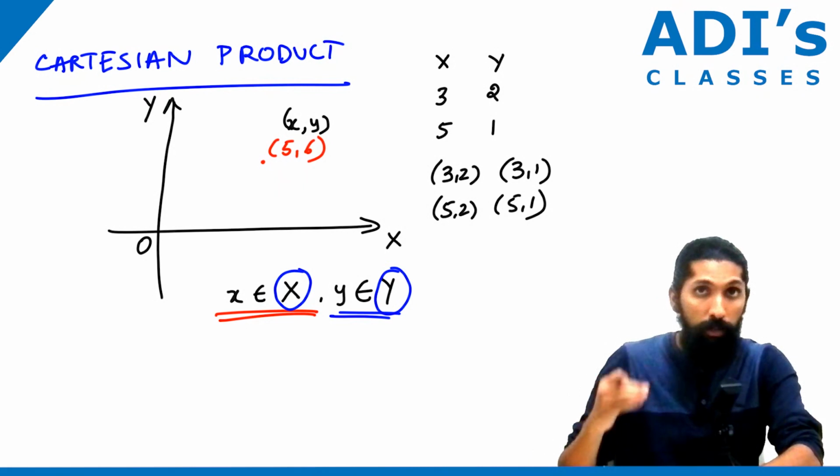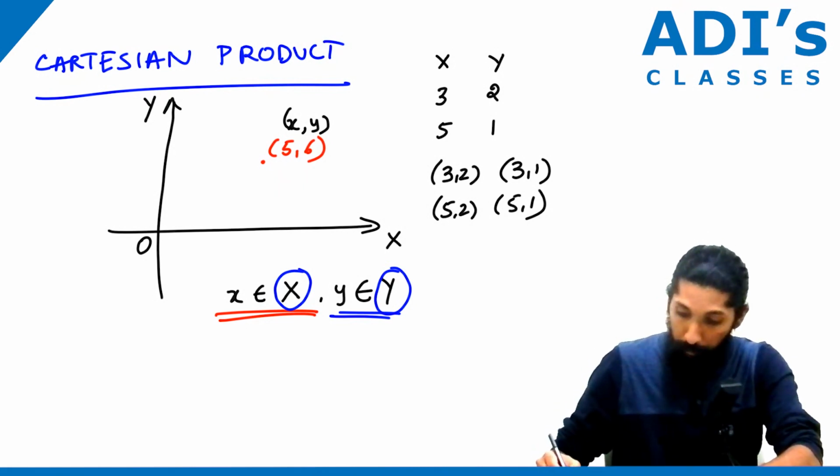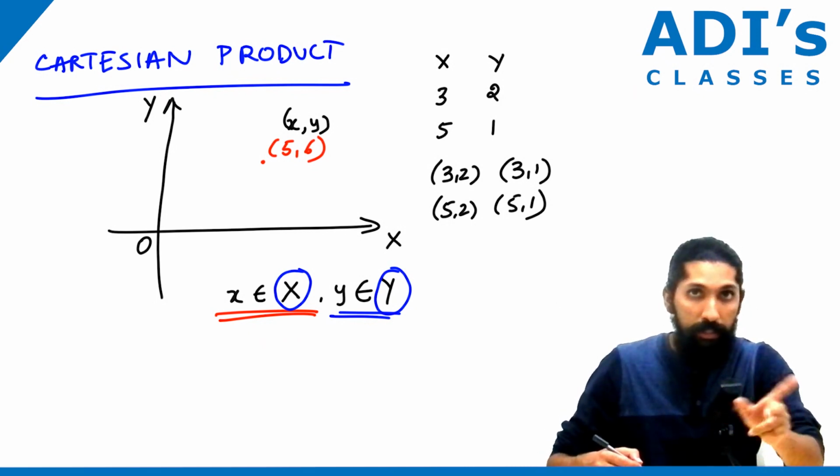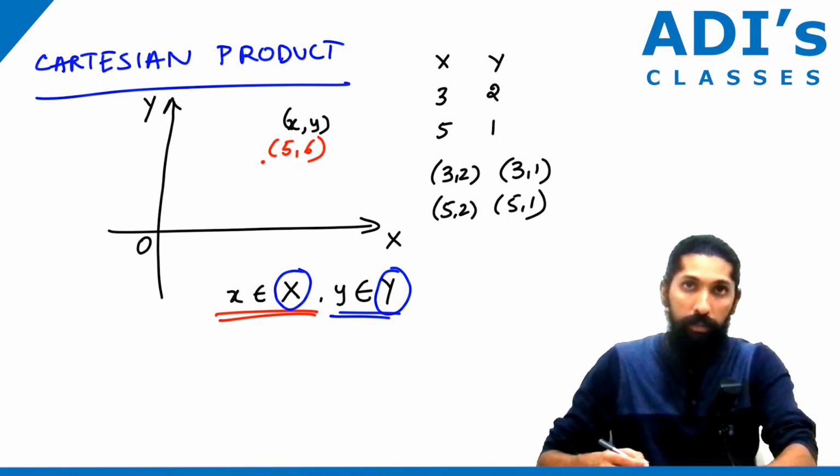Okay, so the formal definition of a Cartesian product of sets, we can write, suppose you have two sets A and B. They need not be real numbers like what we are taking, it can be any two sets.